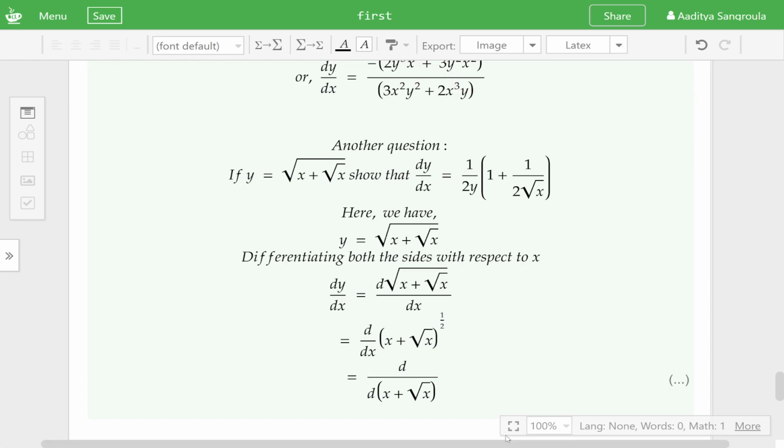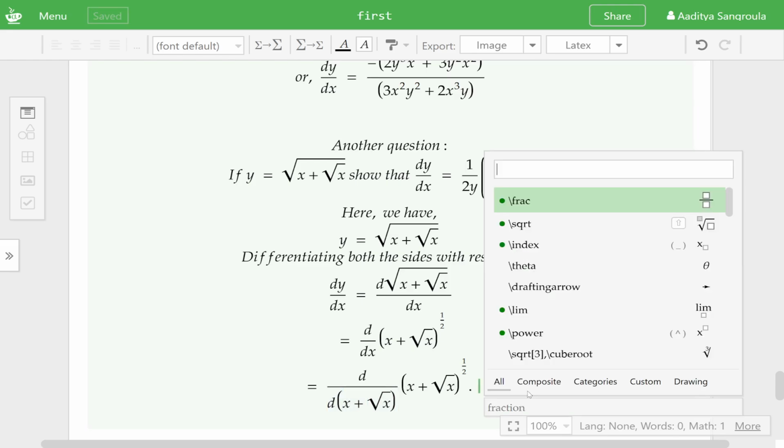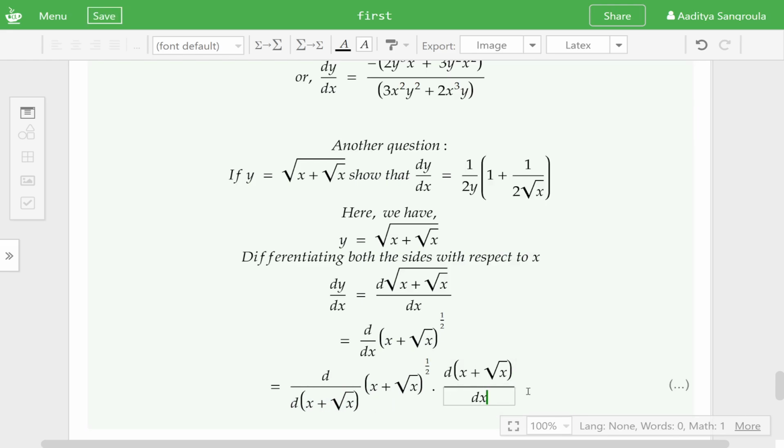This times the derivative of the inside, d over dx.